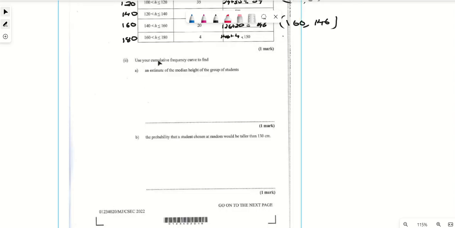The next part asks to use your cumulative frequency curve to find the estimate of the median height for a group of students. Now, median is equal to n divided by 2, where n is equal to your total.